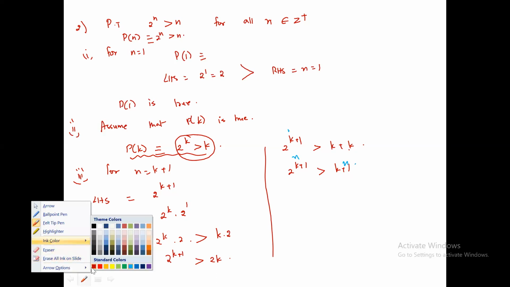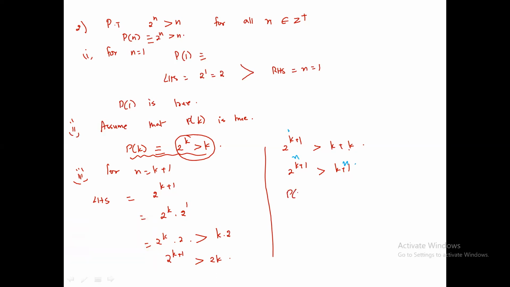That means we have proved that P of k plus 1 is true for all n belonging to the set of positive integers by the principle of mathematical induction. We will go to question number 3.